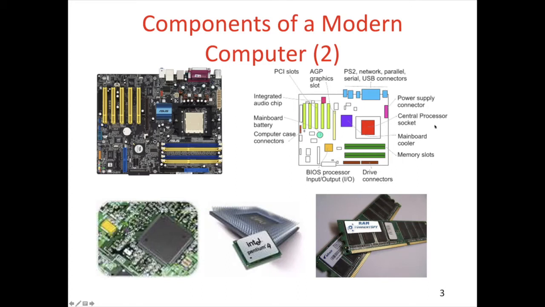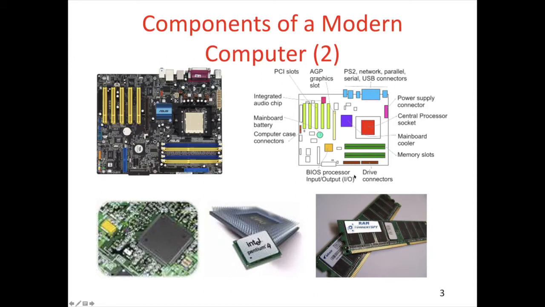We have a central processor socket, where a processor is to be inserted. We have memory slots where memory boards are to be inserted. Here we have integrated circuits for the memory.